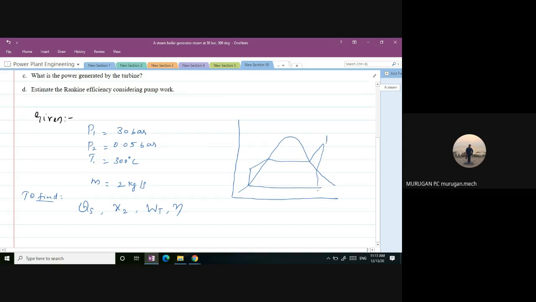This is the process from 1 to 2, 3 to 4.